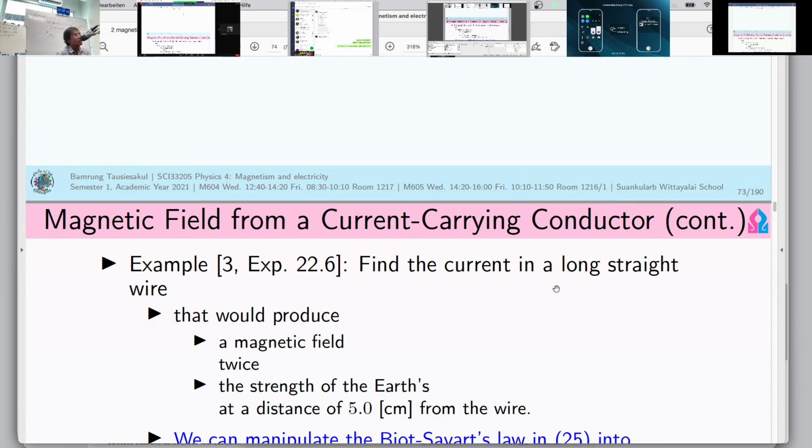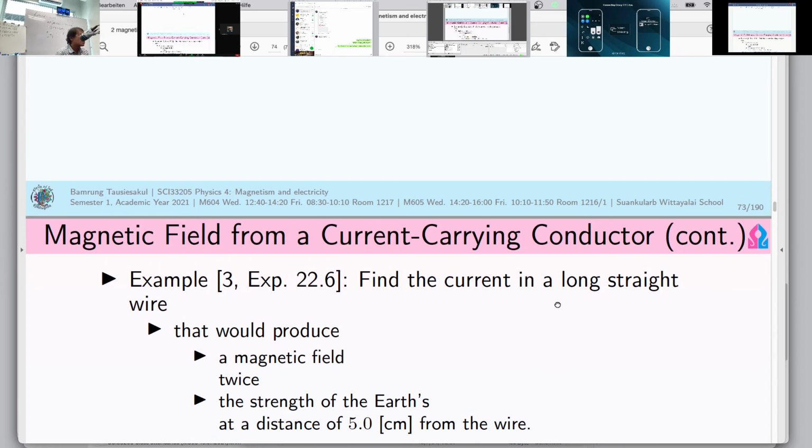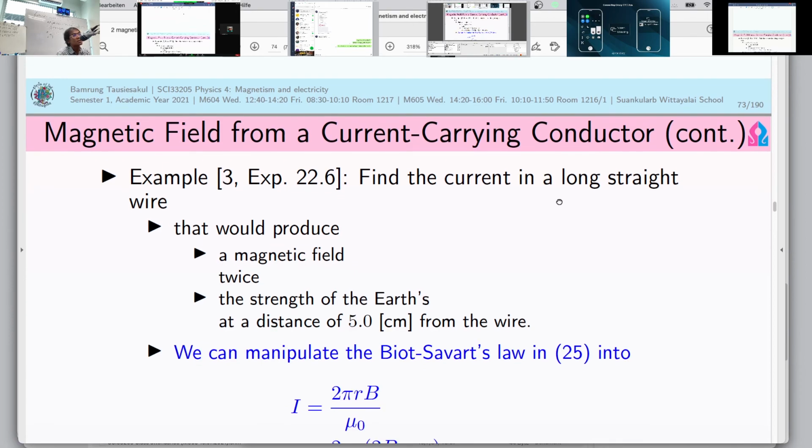They asked about how much the current should be so that we can get the magnetic field strength caused by this conductor, the current moving inside this conductor, with twice the strength of the magnetic field caused by the Earth.